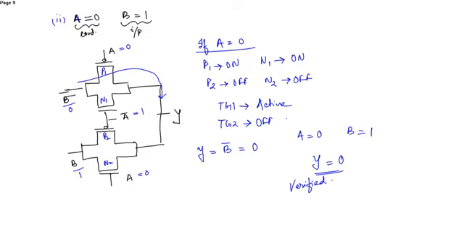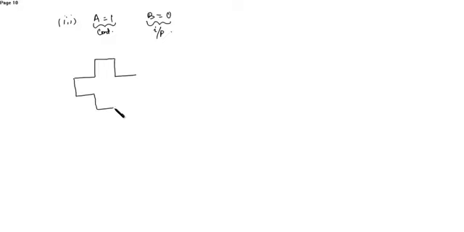Now let's see the third condition. The third condition is if A is equal to 1, B is equal to 0. This is again the control, and this is the input. So here this is the PMOS 1, this is NMOS 1.